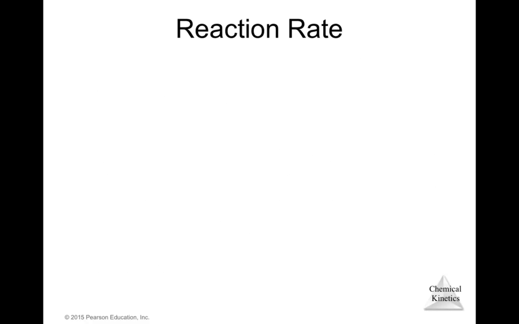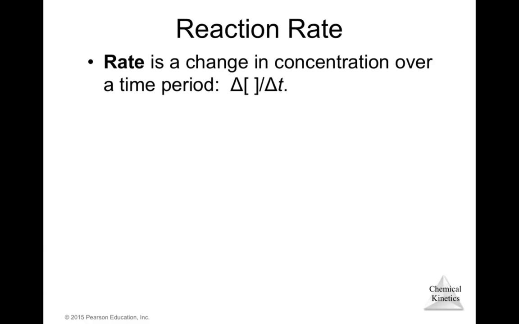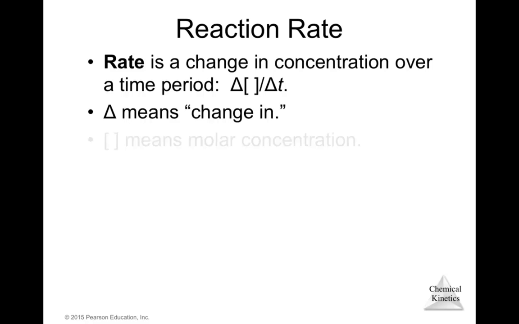Let's talk about the reaction rate. The rate is a change in concentration over a time period. Let's explain some of the symbols in this equation. The triangle means change in. It's also called delta. So delta is the name of this triangle that means change in.